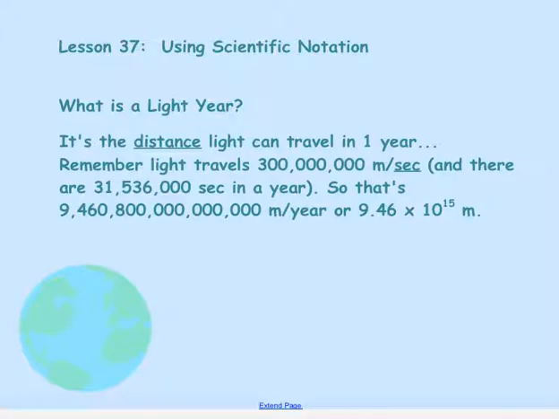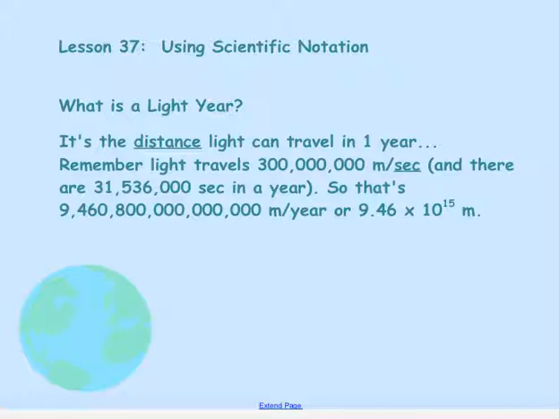And if you want to go ahead and try out this last example, remember, use your distance equals rate times time. So if we have the distance light can travel in 1 year, remember light travels 300 million meters per second. Okay, and there's 31,536,000 seconds in a year.